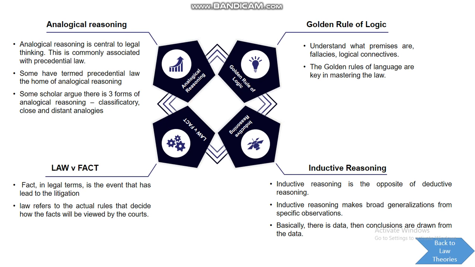Analogical reasoning is central to legal thinking. This is commonly associated with precedential law. We also look at the golden rule of logic, inductive reasoning, and law versus facts. When you're looking at a case, identify what the facts are and what the law or the mischief in the case is.